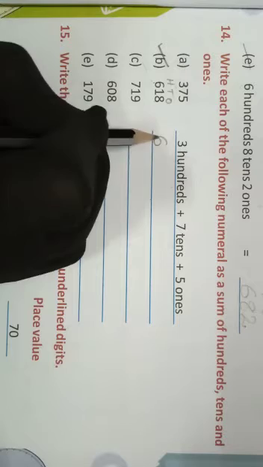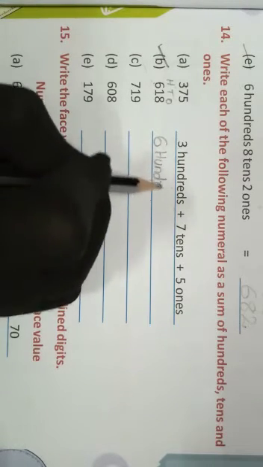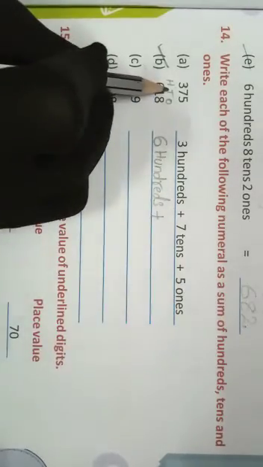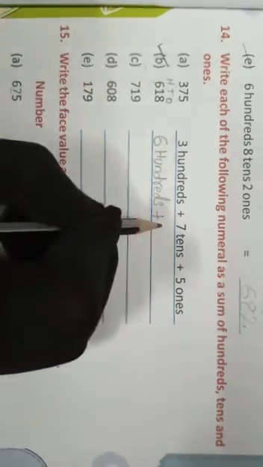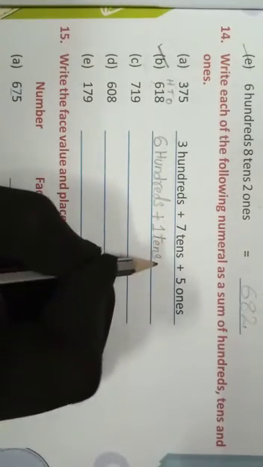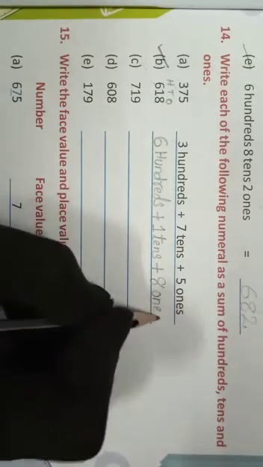You have to write 6 hundreds, plus 1 at 10th position. You have to write 1 tens, plus 8 at 1's position. You have to write 8 ones.